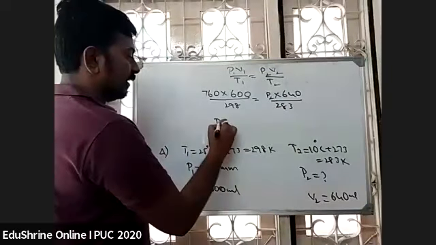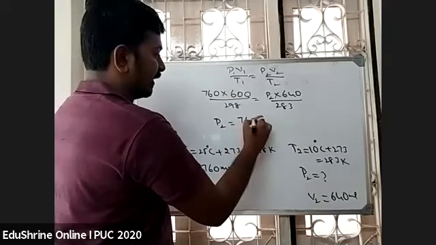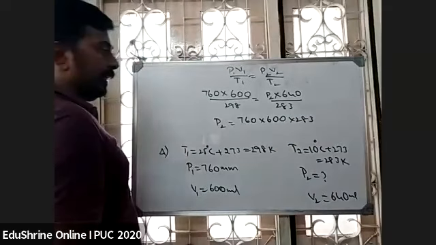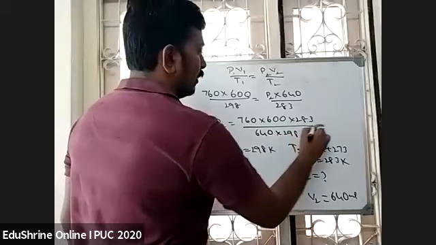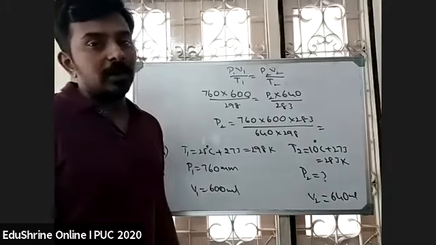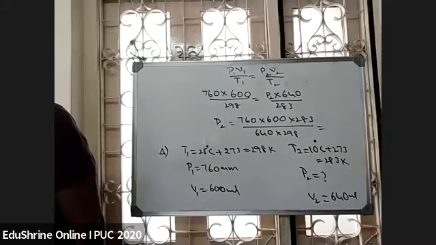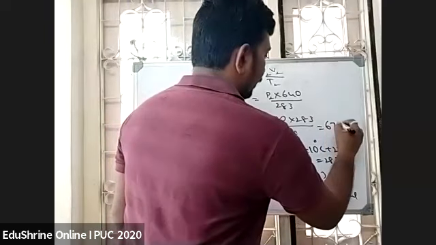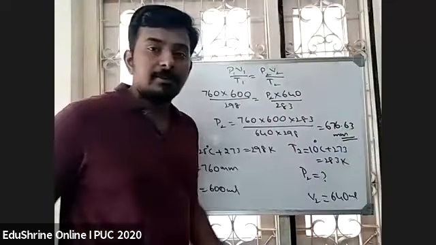So from this, I need to calculate the value of P2, which will be equal to 760 into 600 into 283, by 640 into 298. So if you solve this, you will get the value of P2, students. It is 676.63. This will be the answer.